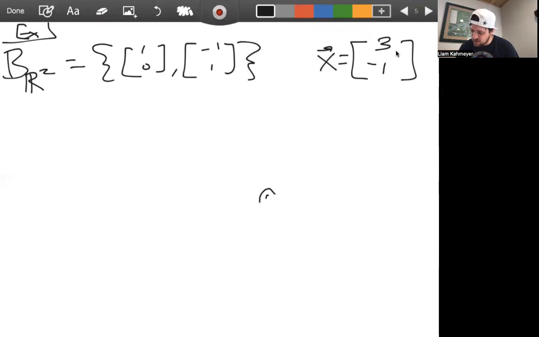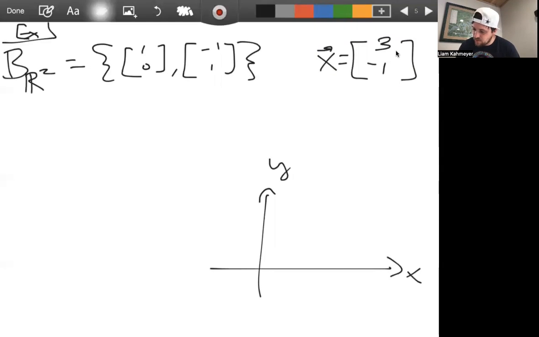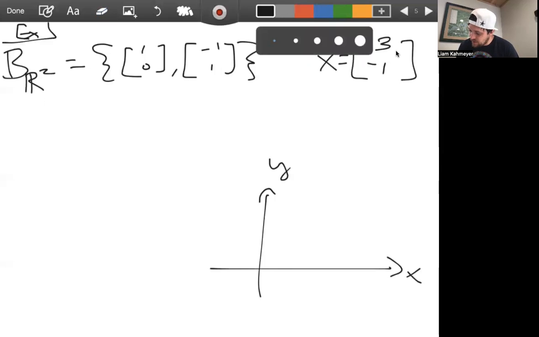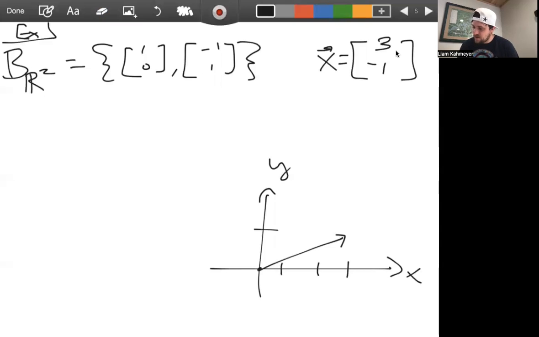Meaning when you look at a picture here, x, y, we know the vector (3, -1) is 3 units long in the x direction, 1 unit tall, or sorry, negative 1. So 1 unit down? Let's back that up. Right, and so this would be our vector X here.